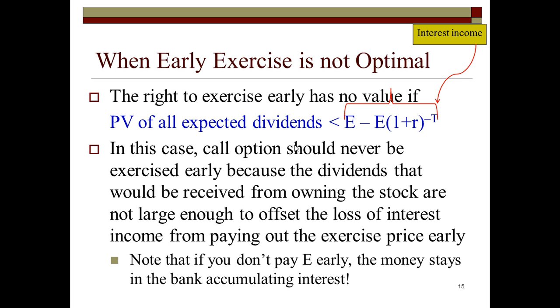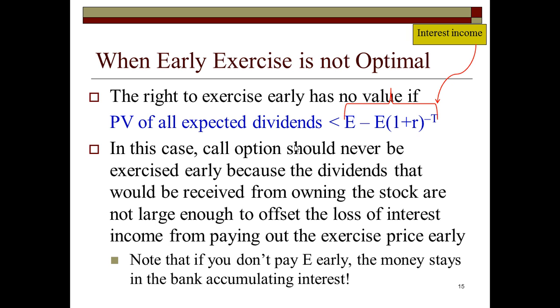Consider the interest you would earn on your exercise money, which won't be paid until 6 months from now. Your total interest income on that money held in the bank, let's say it comes out to be $15.